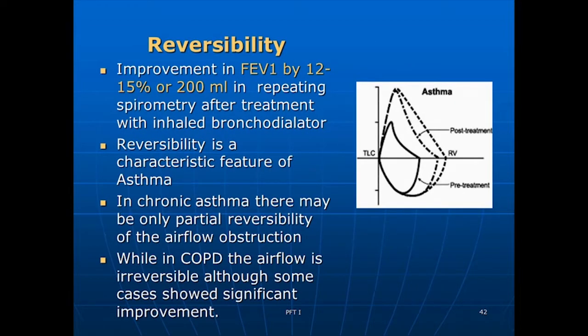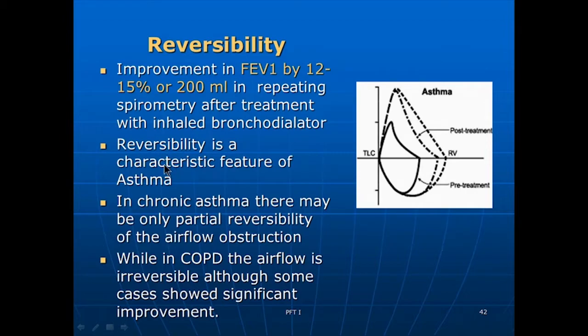We talked about reversibility, especially in the asthma patient. If the bronchodilator improves your FEV1 by 12 to 15%, then the bronchodilator therapy is effective. Someone who has asthma, their disease is reversible.